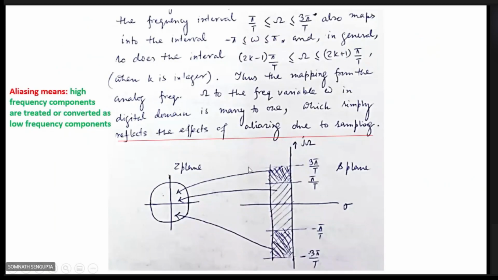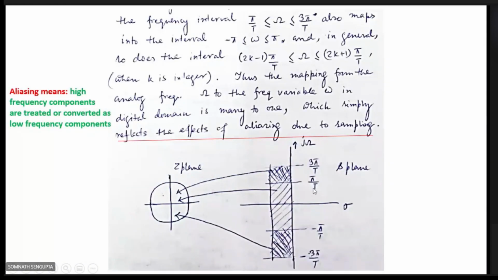You can see graphically that this is the Z plane. Sigma less than 0 is mapped inside the unit circle, sigma greater than 0, the right side, is mapped outside the unit circle, and the j omega axis is mapped onto the unit circle.